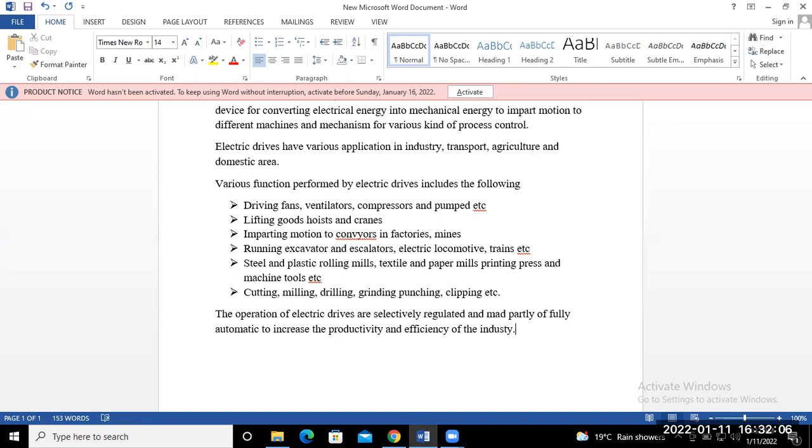Okay, next. The controllers are defined under three modes.